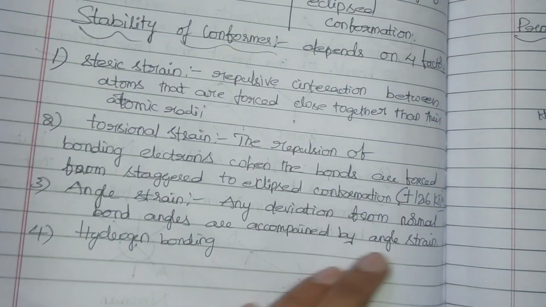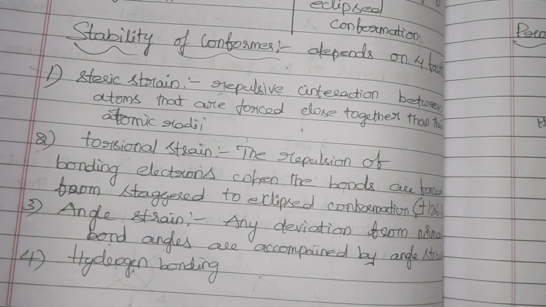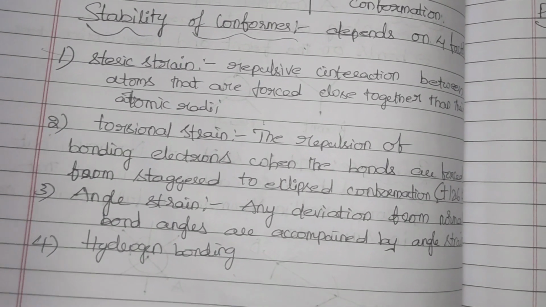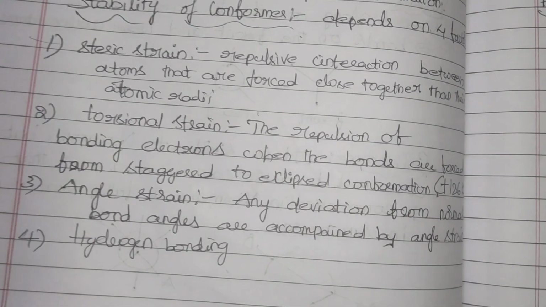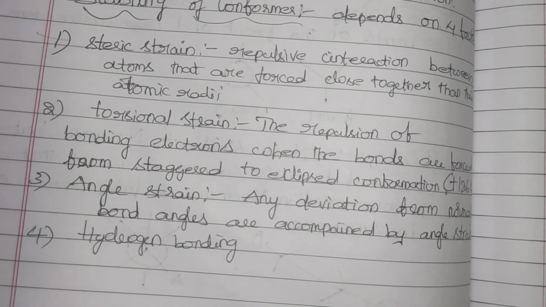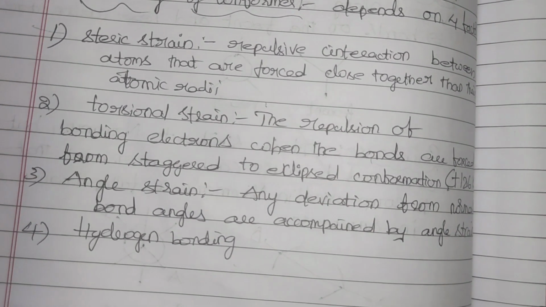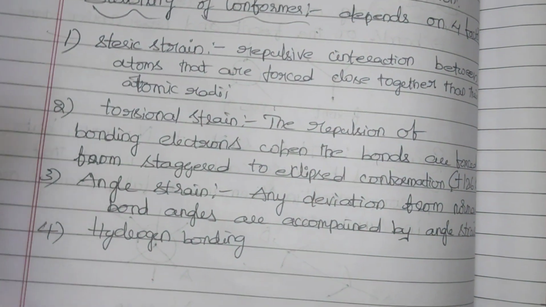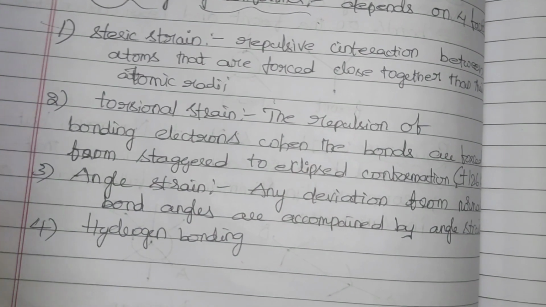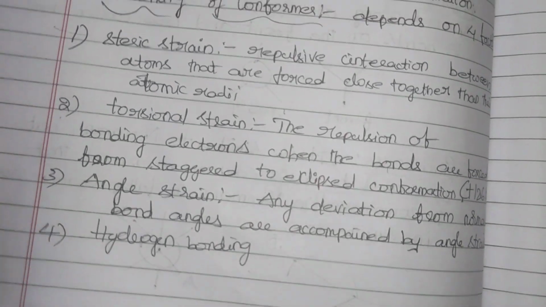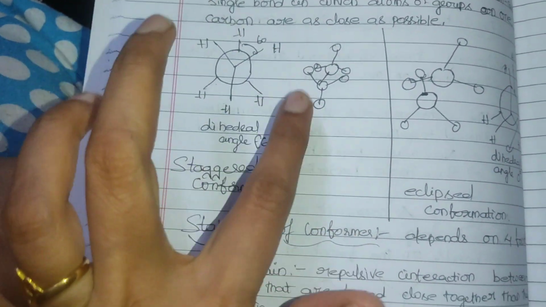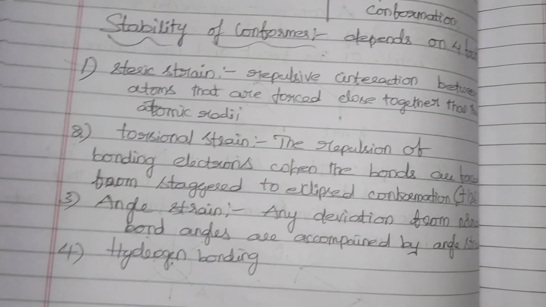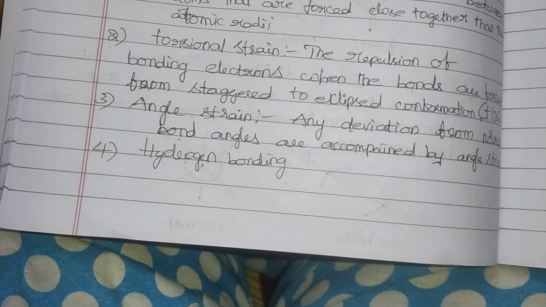Then angle strain. Because of the repulsion between them, the angles will be changed. Any deviation from the normal bond angles is accompanied by angle strain, maybe from steric strain or torsional strain, and also because of hydrogen bonding between them. All these factors tell the stability of the conformer.